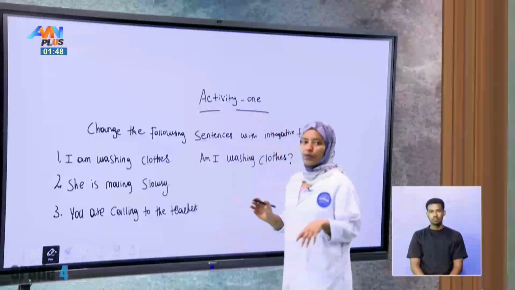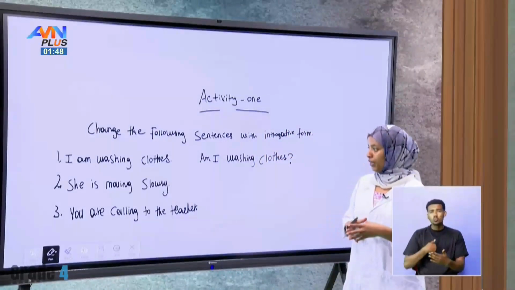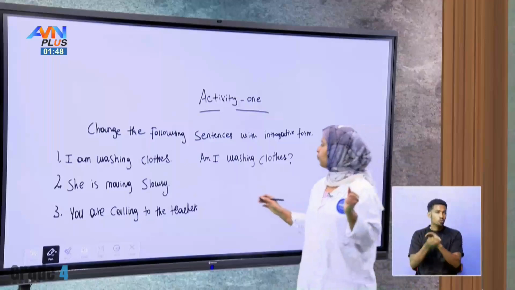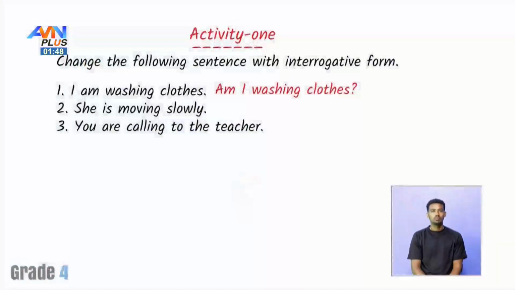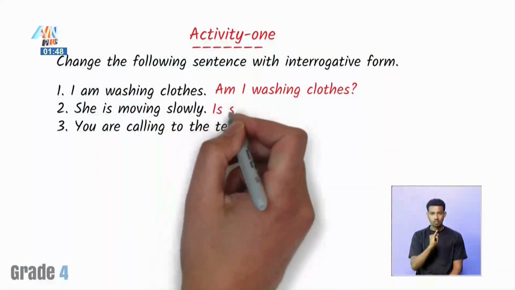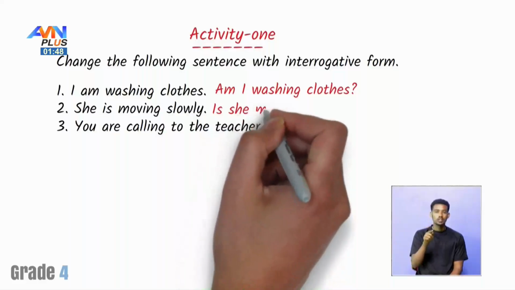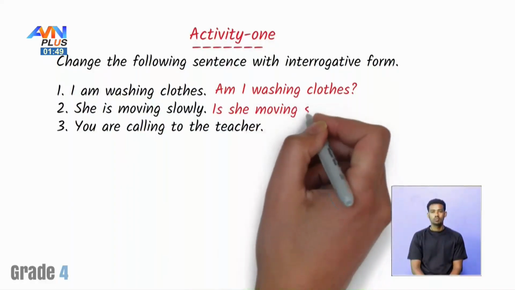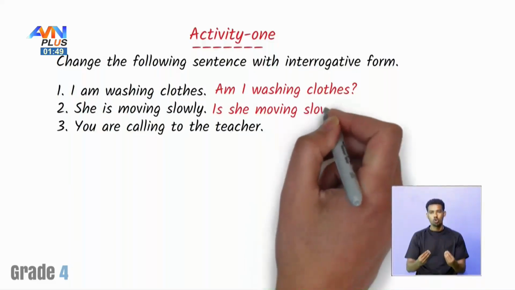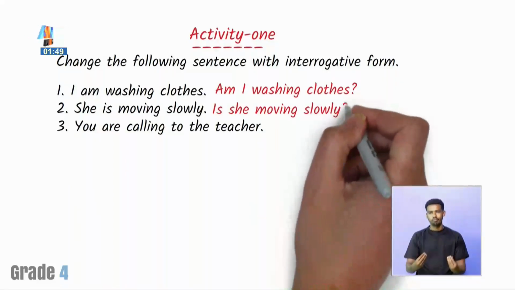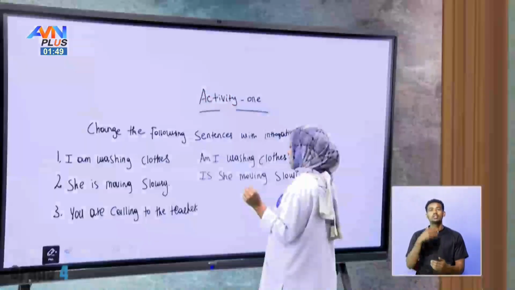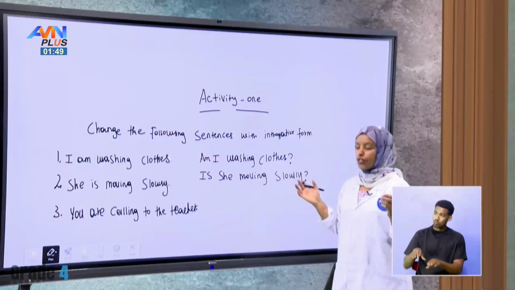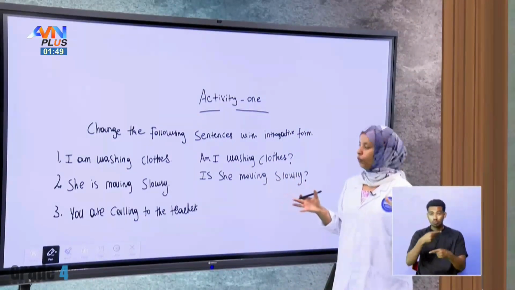So what we are going to say easily by using verb to be is. Bravo. Is she moving slowly? And the next question mark. Look, students, here. Is she moving slowly?